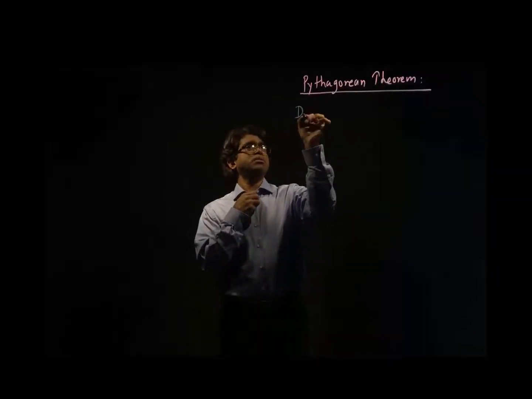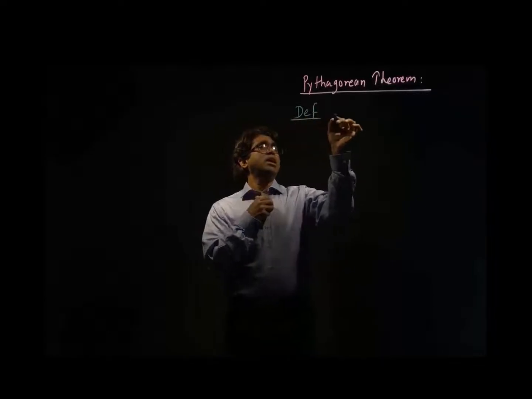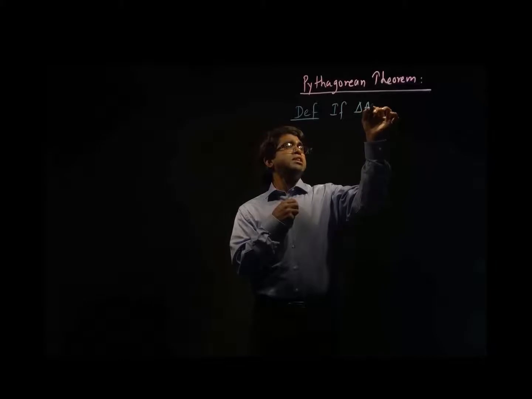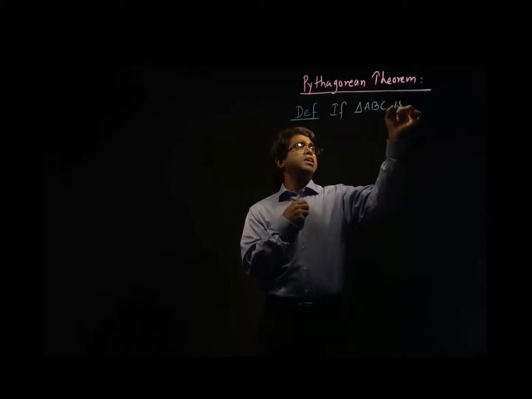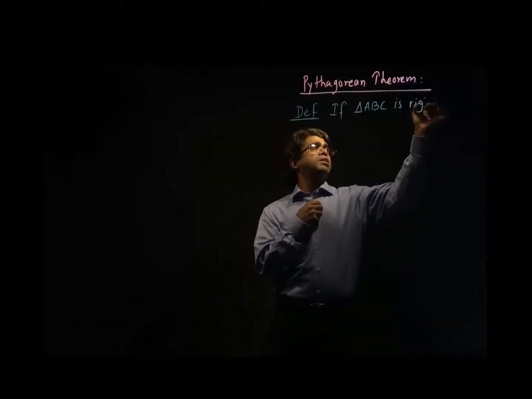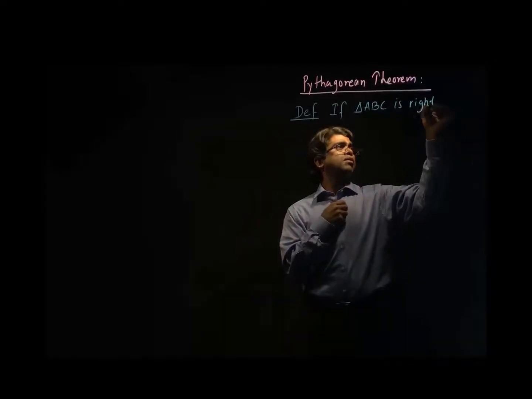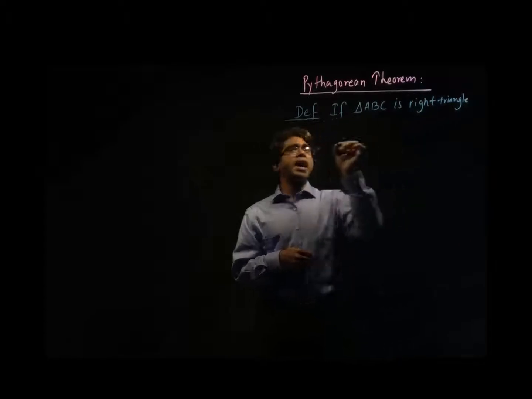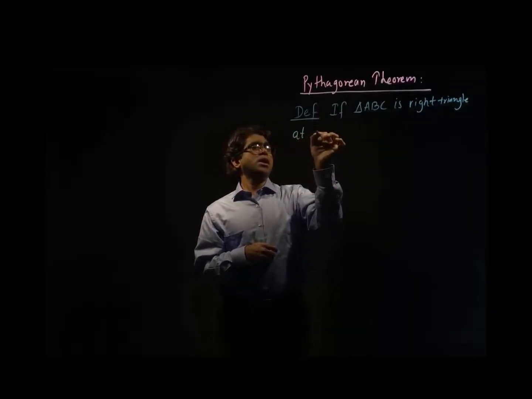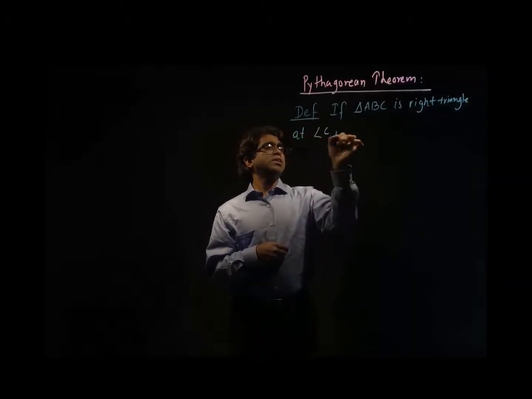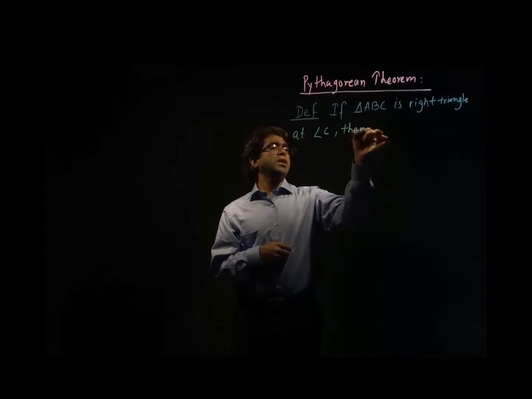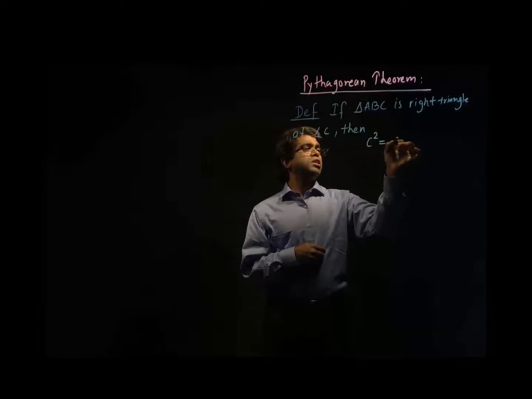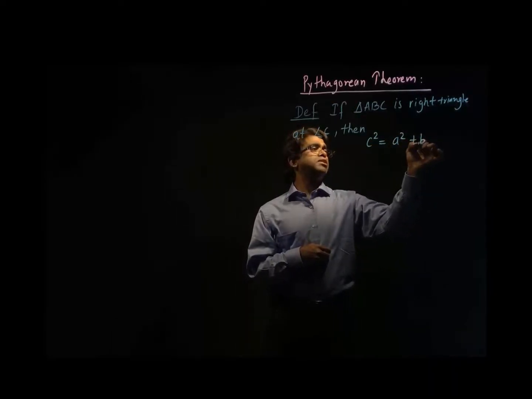The definition of the Pythagorean theorem is: if triangle ABC is a right triangle at angle C, then c squared is equal to a squared plus b squared.